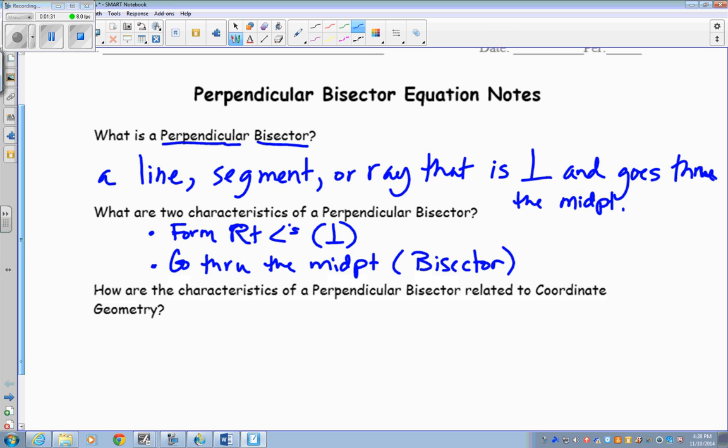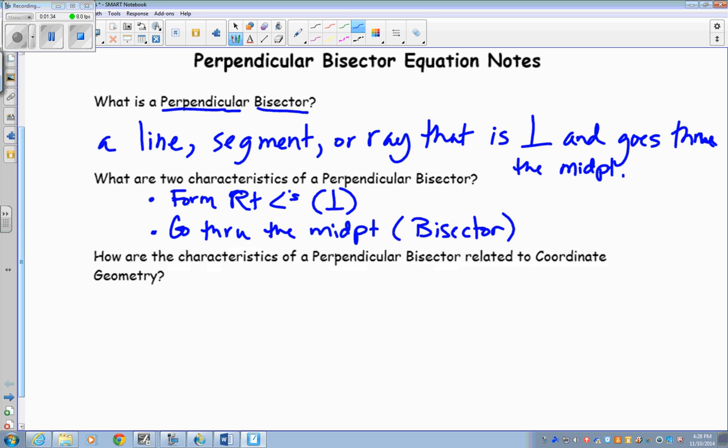These characteristics in the coordinate plane are going to be related as the following. If it's going to be perpendicular, then you're going to have to see opposite reciprocal slopes.